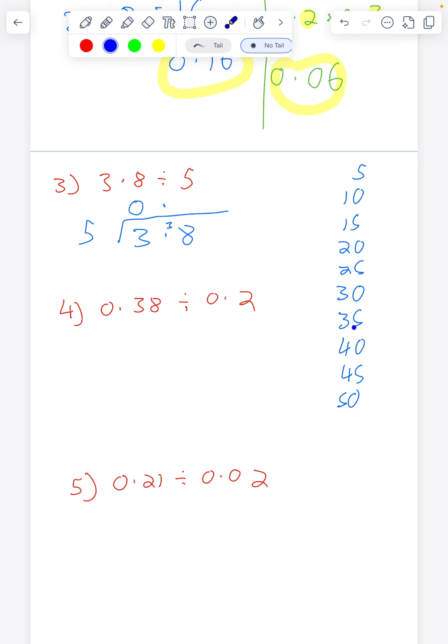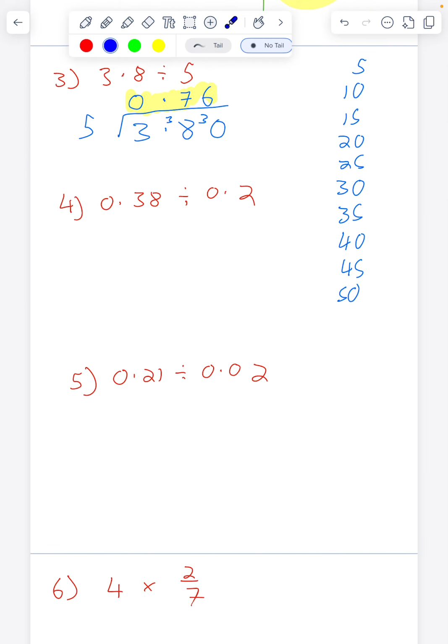You want 38, so 7 is good. 7 gets you to 35, and you've got 3 left over from 35 to 38. So you've got to carry a 3 over. When you carry the 3 over, you add a 0 in the bus stop. And then, 5 into 30 goes exactly 6 times. So this is going to be your answer. So 0.76. That is the answer.